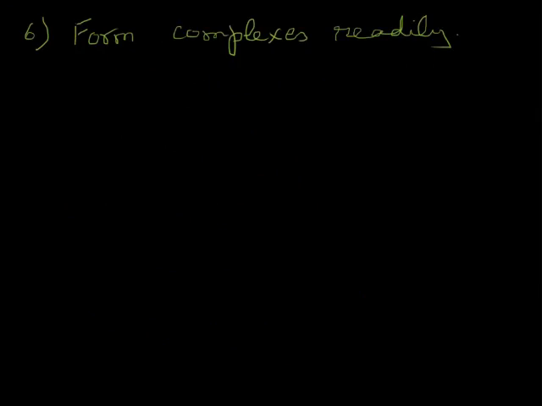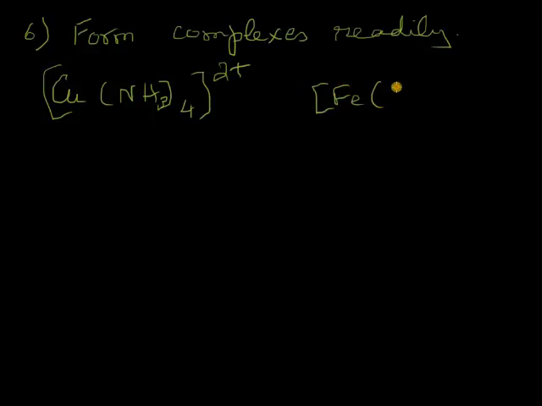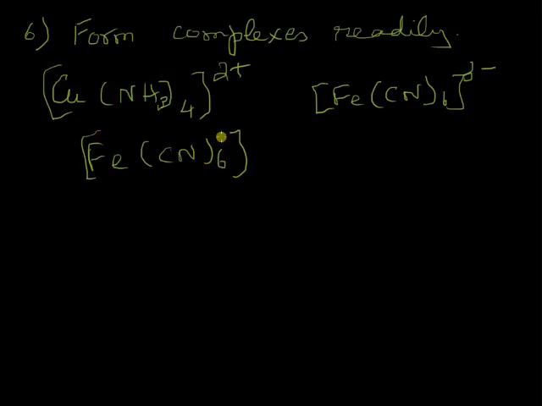Transition metals form a large number of complexes. I will give you a few examples. Cu(NH3)4 2+, Fe(CN)6 3-, Fe(CN)6 4-. These are some of the examples which we often come across. In these complexes you find transition metals.